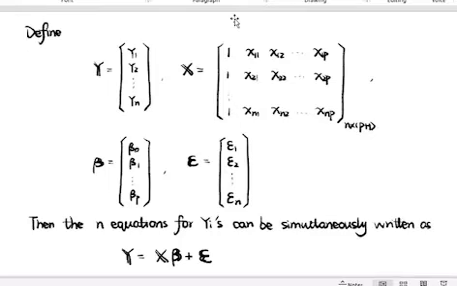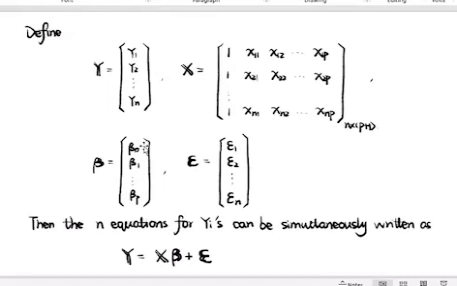I need you to take note of this. If I'm dealing with simple linear, it's going to be 1, 1, 1, and just this row. But now it's extended. This is like trying to say I have p independent variables. Does that make sense now? And take a look at my beta, my parameter. What has happened? I have from beta naught to beta p. How many parameters do I have?